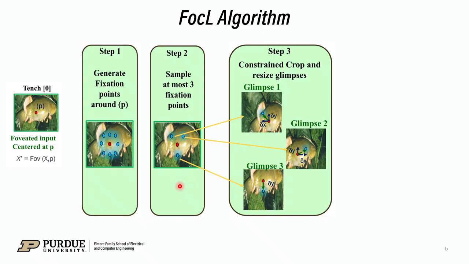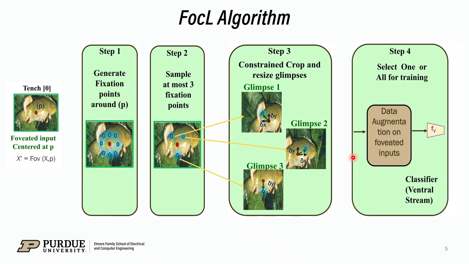If we choose these 3 different blue points, we crop glimpses around these blue fixation points, and these become the 3 different glimpses on which we train the model. Then the data augmentation that is applied in an image recognition pipeline is applied on top of these glimpses. After this augmentation, we train our classification model to predict the classes.